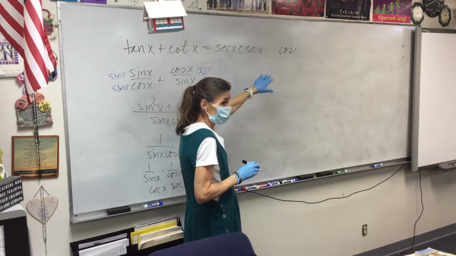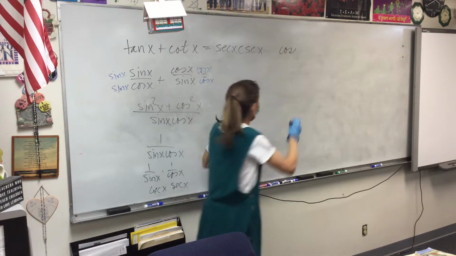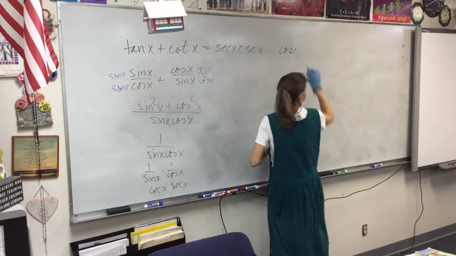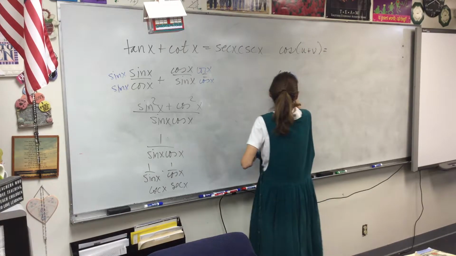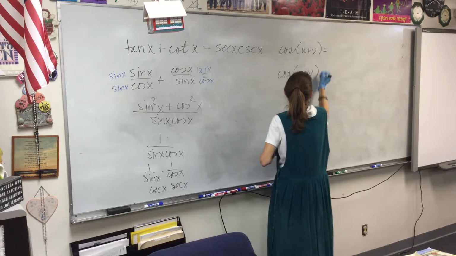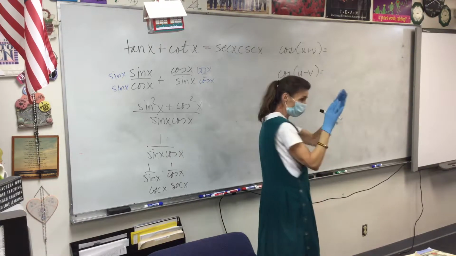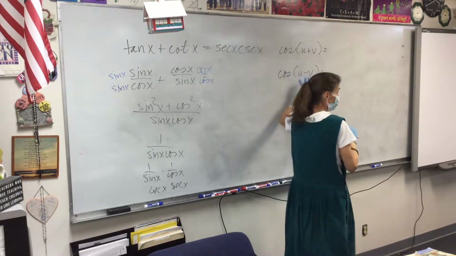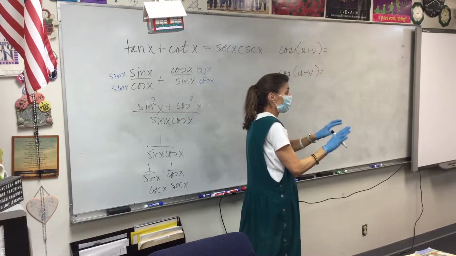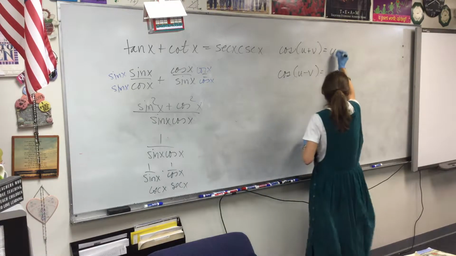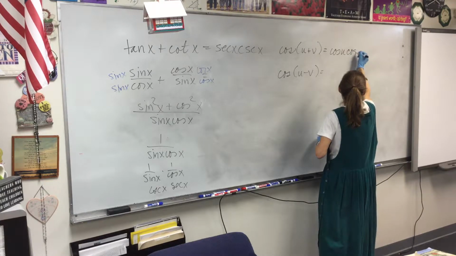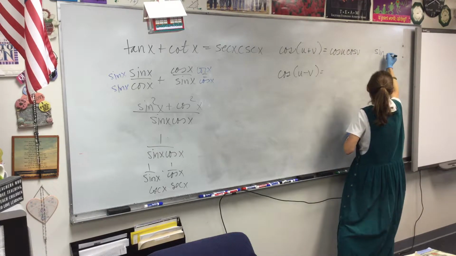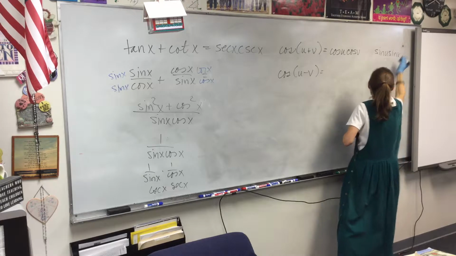But cosine, what letters do they use? U and V? Yes. Okay, so I'm going to break them apart. I'm going to do U plus V and U minus V separately. They put them together. The formulas are the same. The pattern is cosine of the first, cosine of the second, sine of the first, sine of the second.